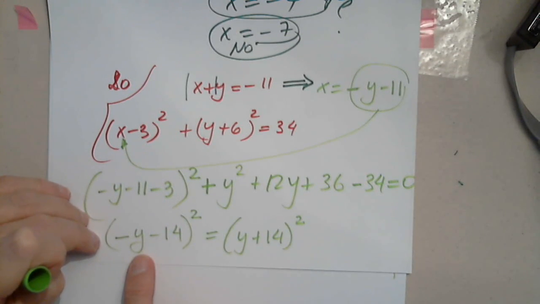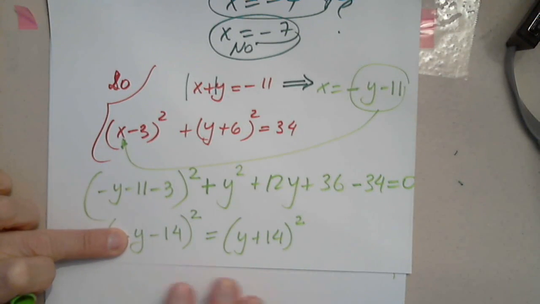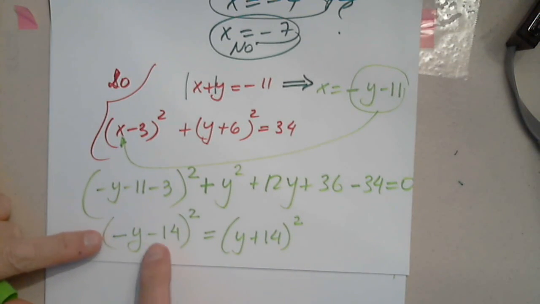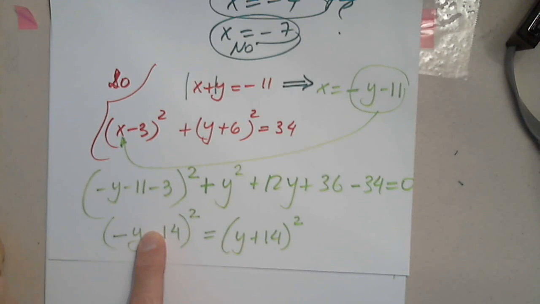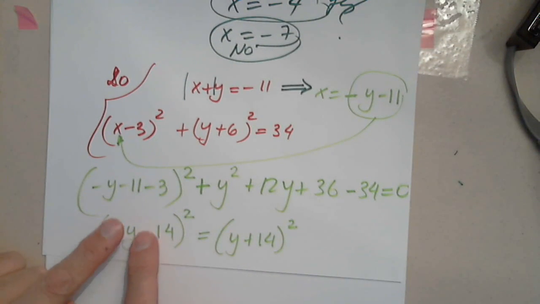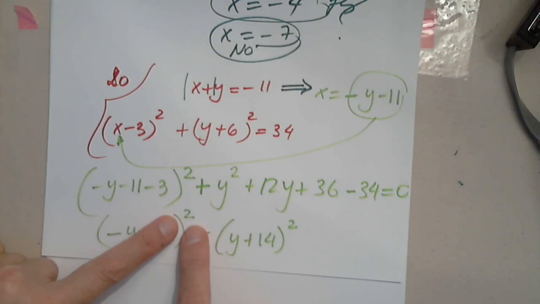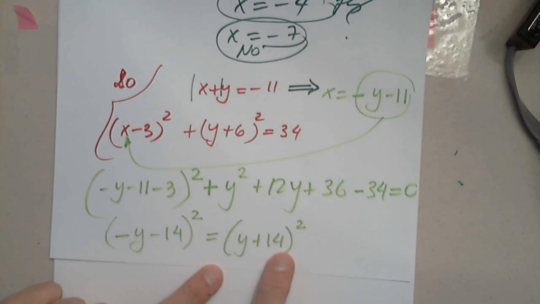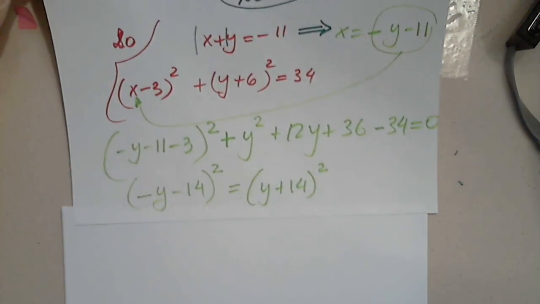So why bother? If only one of them is negative, I cannot do this. But as long as both of them are negative, it's like factoring out negative 1 and squaring it, and you get that.